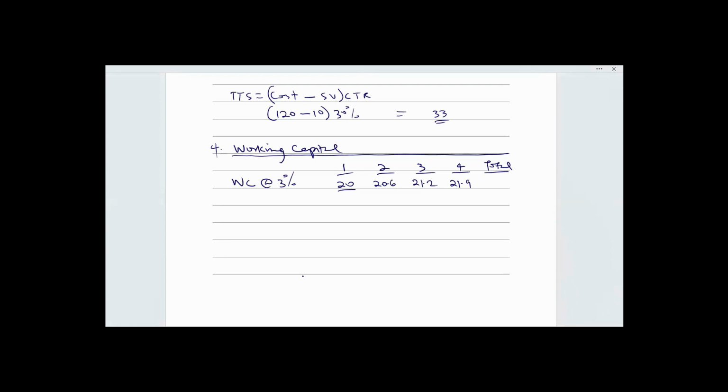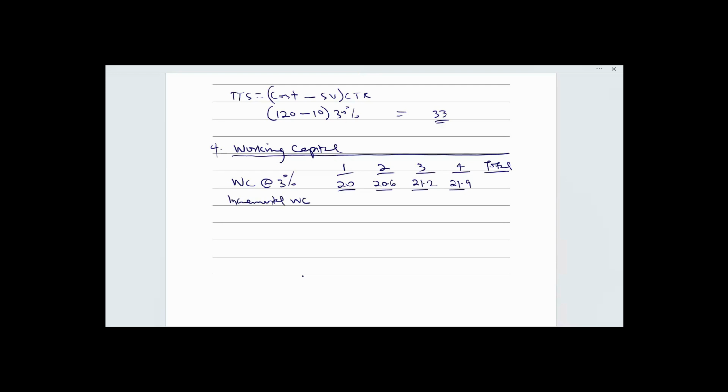So at this point, we are supposed to find the incremental working capital. The highest working capital is 21.9. You can't go beyond that as far as the working capital for this project is concerned. Therefore, I need to determine the incremental working capital.